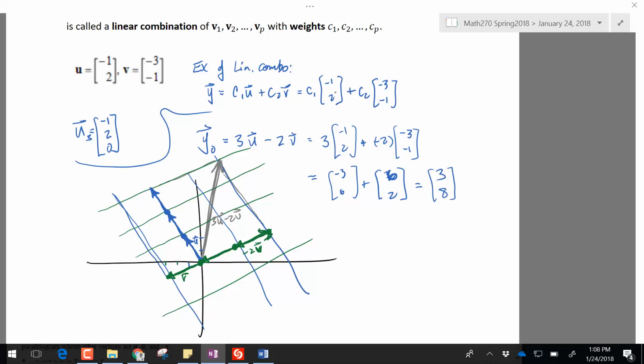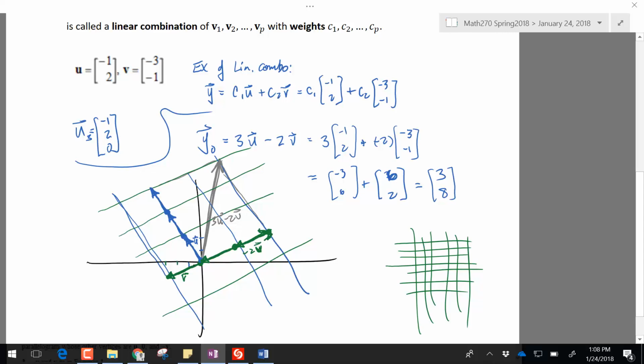Again, that's a little preview of span, but the idea of a linear combination gives us a grid that, instead of having x and y in the nice perpendicular graph paper that we have, can be based on two different vectors that are not necessarily perpendicular.